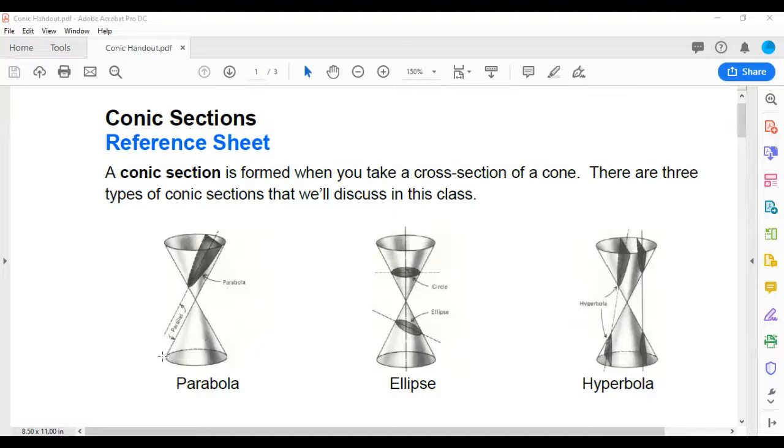Envision this as the stick, and then you rotate the stick around, and that's creating what looks like a double cone. Colloquially, we would think of this as two ice cream cones glued together, but really an ice cream cone is only half a cone. It's not the full thing. I wouldn't recommend putting ice cream into the bottom of a cone though, because then it would just all fall out, and that's no fun.